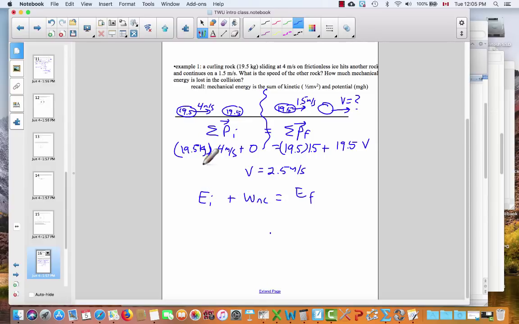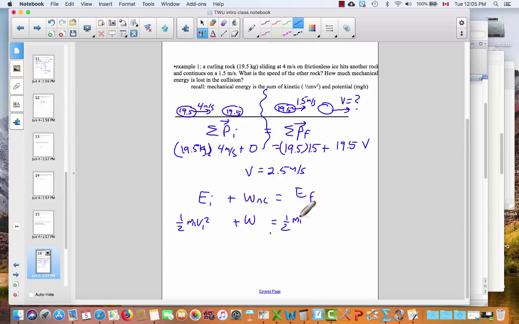So the initial mechanical energy is just the kinetic energy of this object, so it's a half m1 v1 squared. And this is the work that's done in the collision that goes into deforming the objects, or it's also the heat created in the collision.